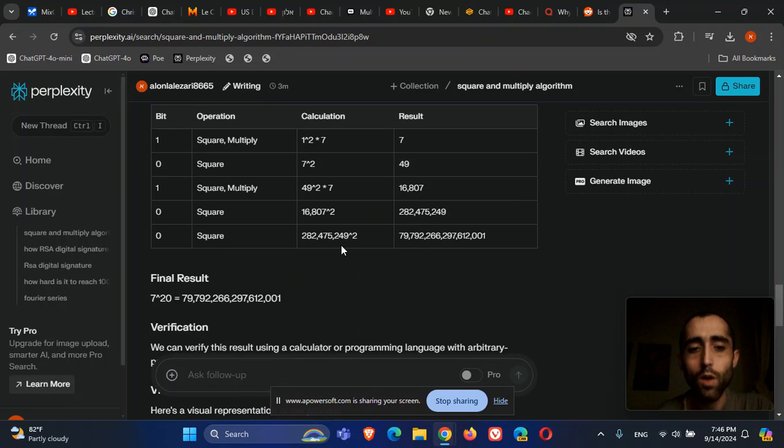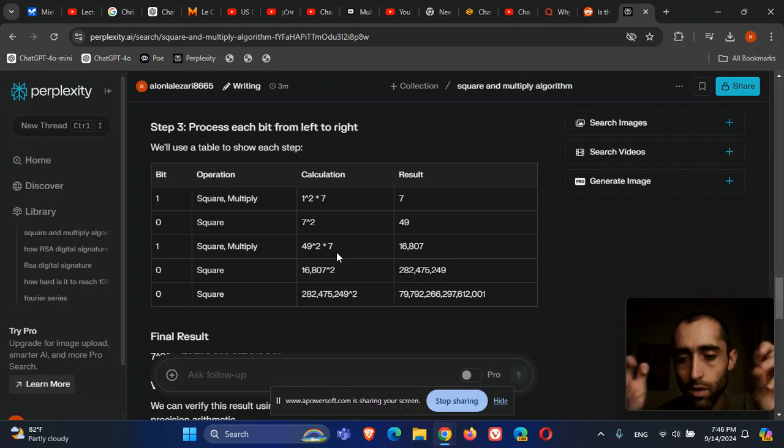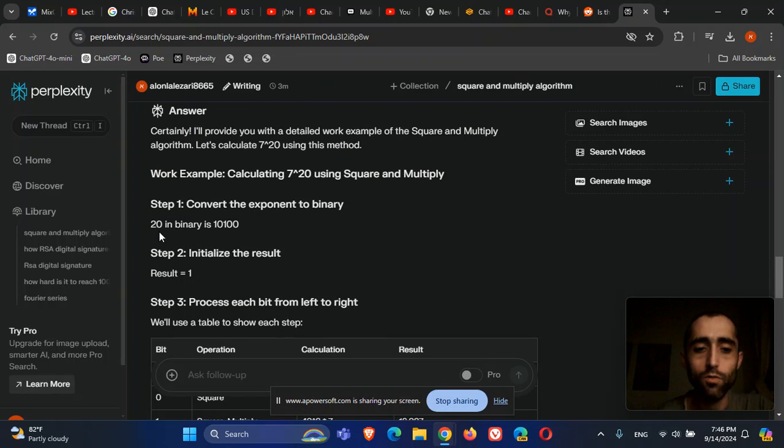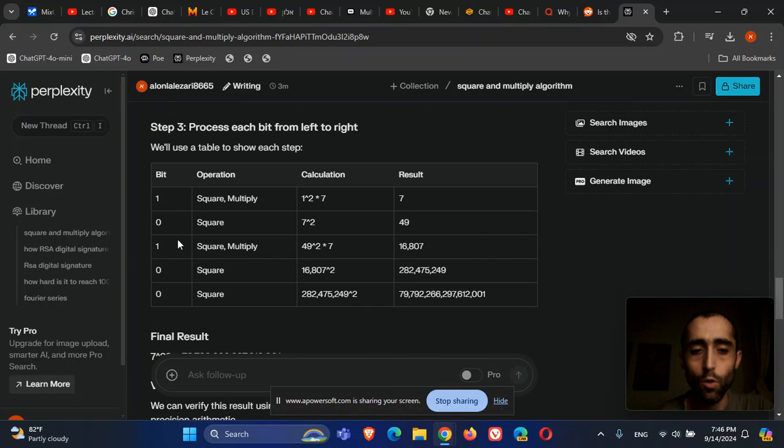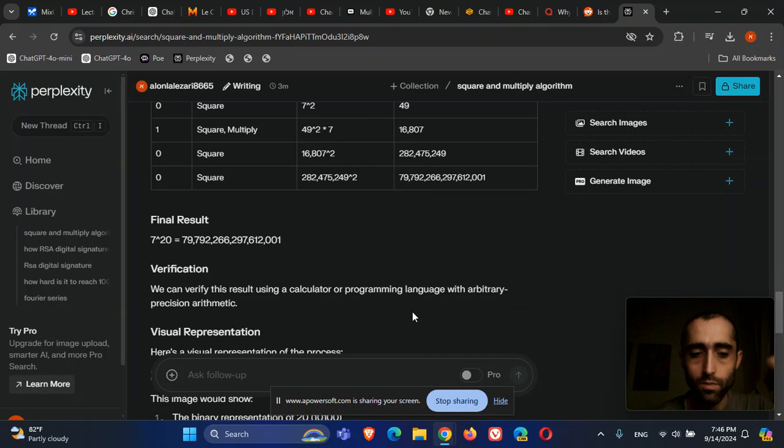So we saw how we did it with normal, real numbers: we did the exponentiation by converting the exponent to binary and using the bits to know whether to square or also multiply the previous result.